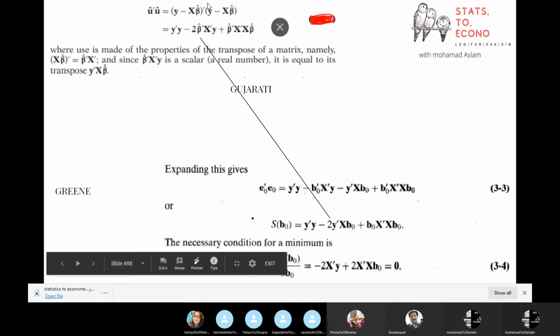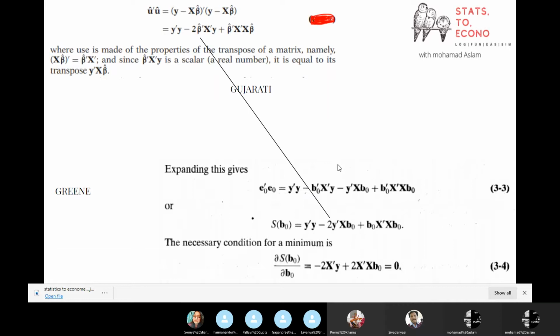Now, if you multiply these two terms, the equation becomes like this. At many places textbooks just jump from one equation to another, and sometimes you get stuck on how it came. So I'm taking reference from 3 or 4 textbooks so that I can explain as many steps as possible.